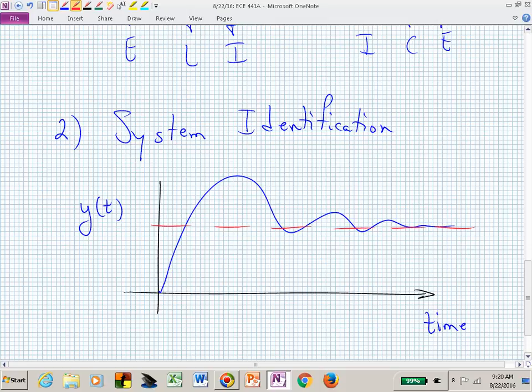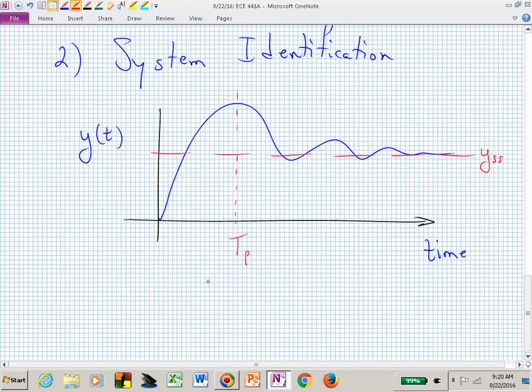One is you can find its steady state value. That's what this red dashed line is supposed to be referring to. We could find when it peaks, let's say the time to peak, or the peak time. That might be a useful piece of information.